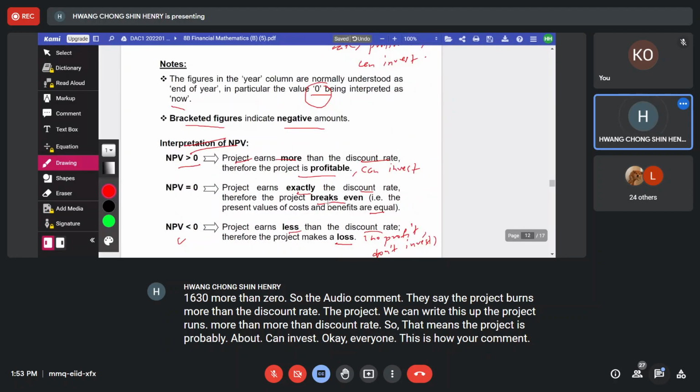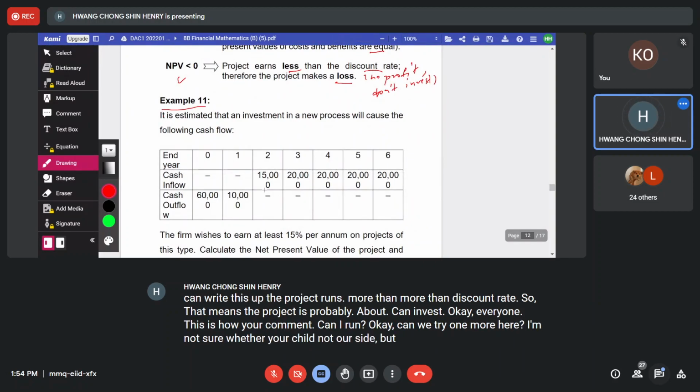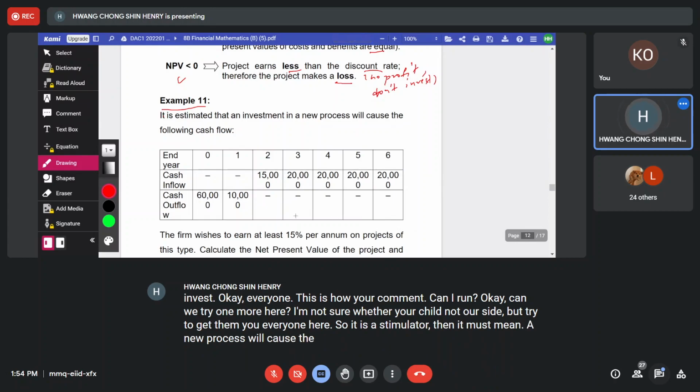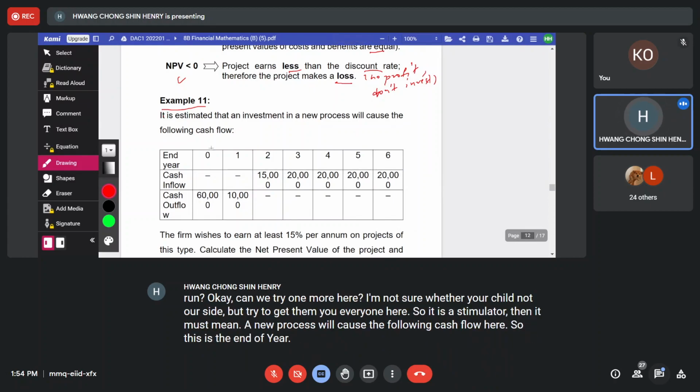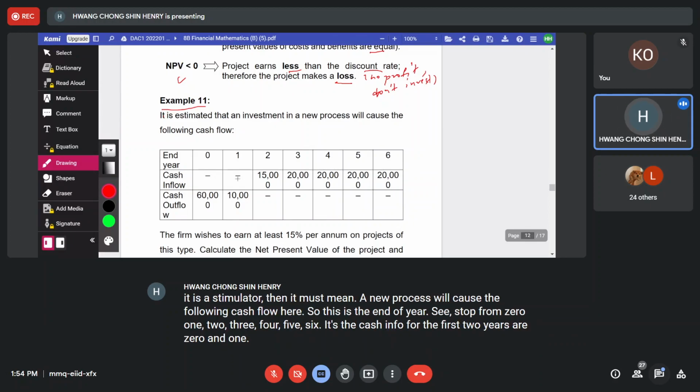Okay, can we try one more here? I'm not sure whether you'll try or not, so I better try together with everyone here. So it is estimated that investment in a new process will cause the following cash flow. This is the end of year, start from 0, 1, 2, 3, 4, 5, 6. This is the cash inflow. For the first 2 years, 0 and 1, there's no cash inflow.